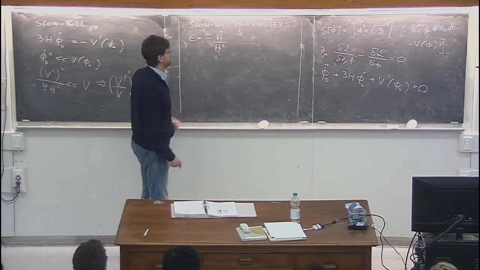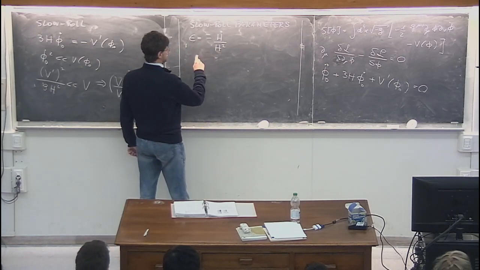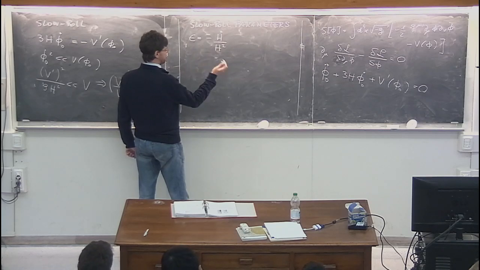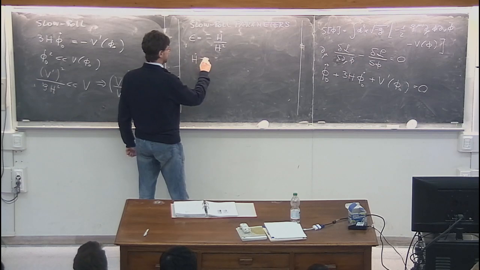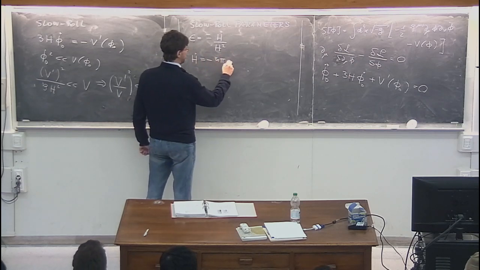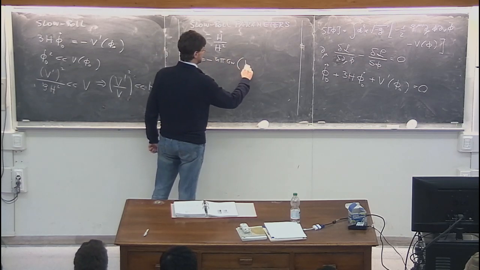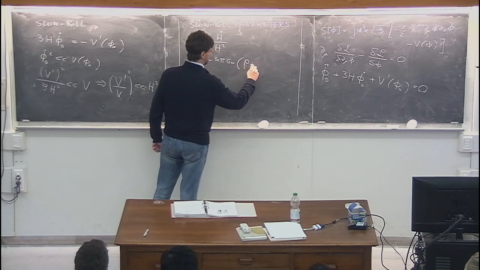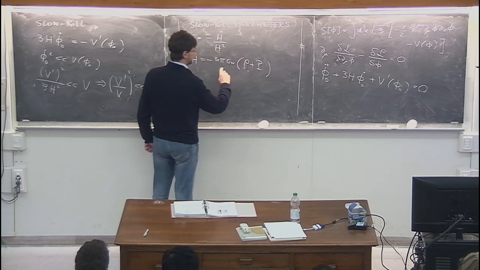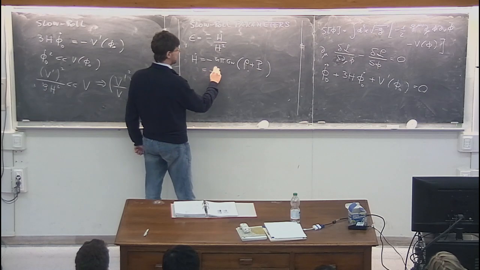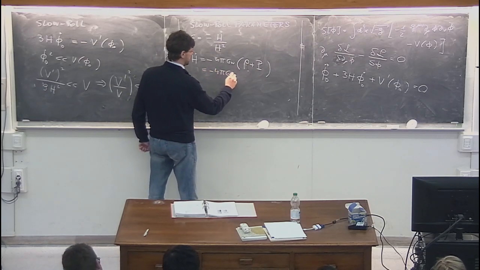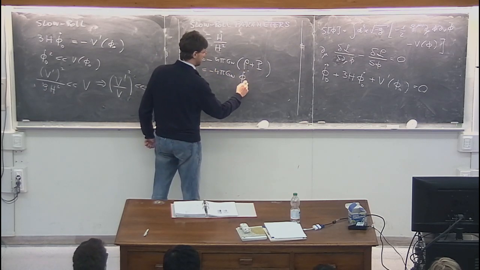And in fact, combining the Friedmann-Robertson-Walker equations, you can show that H dot is equal to minus 4 pi G Newton times rho plus p. Which for the scalar field becomes minus 4 pi G Newton times phi dot square.